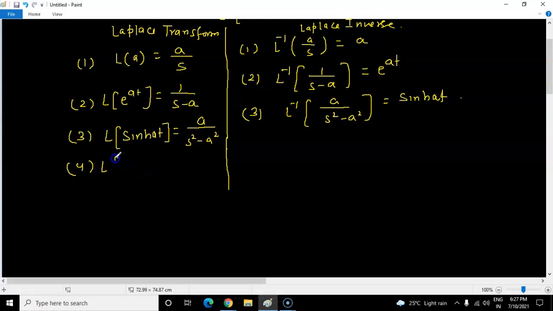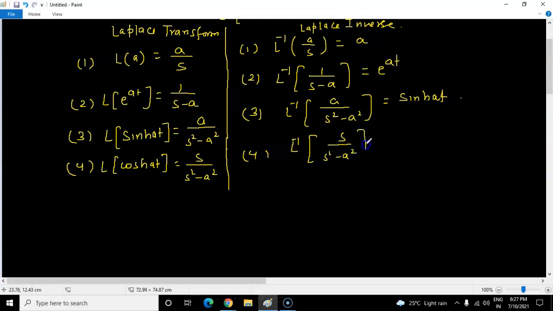Similarly, Laplace of cos hyperbolic of at is s upon s square minus a square. Laplace inverse of s upon s square minus a square, we can write as cos hyperbolic of at.